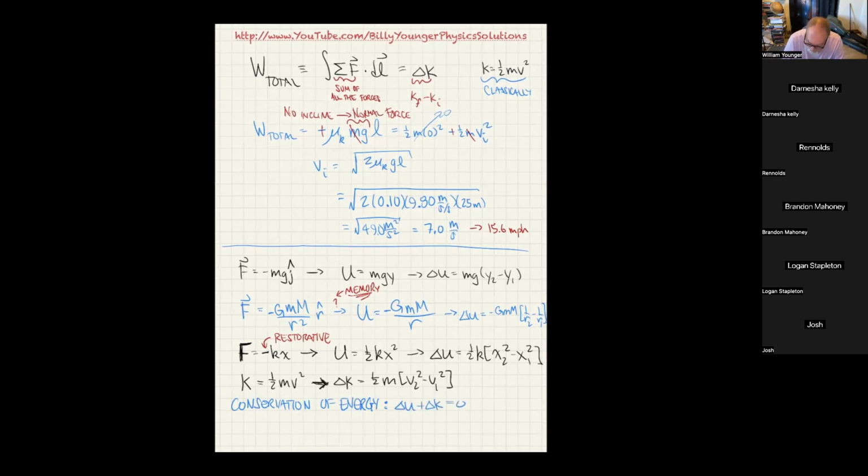And this is the way a lot of textbook authors do it, and it works fine. It's just it doesn't allow you to put in sources of energy. Like if someone gives the kid a push on a sled, that would be work put in or some kind of energy put in. This doesn't allow that to be included.